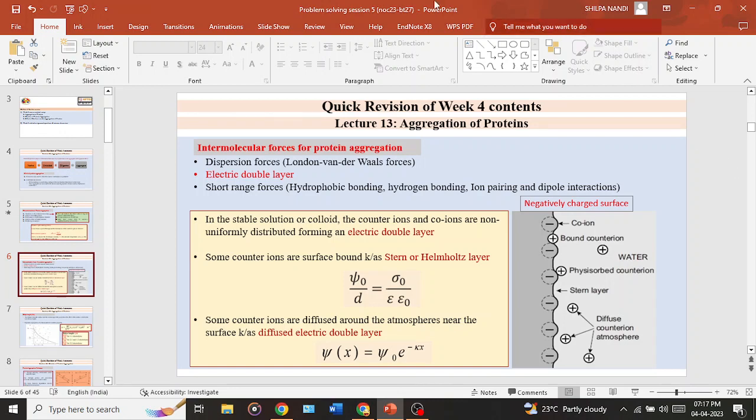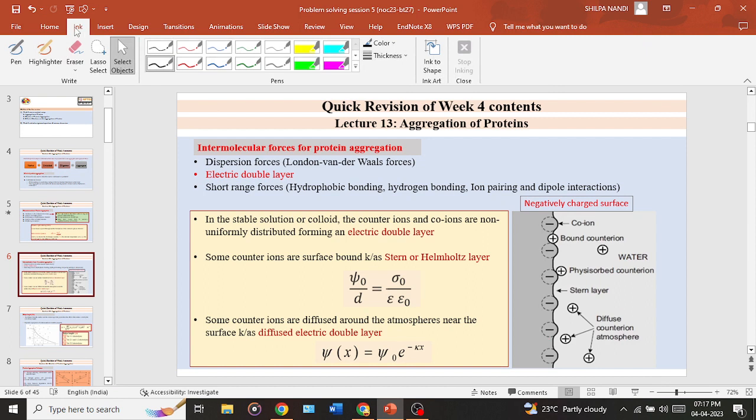I may just show you from here. So this is the Stern layer forming, and these are the counter ions in the atmosphere.